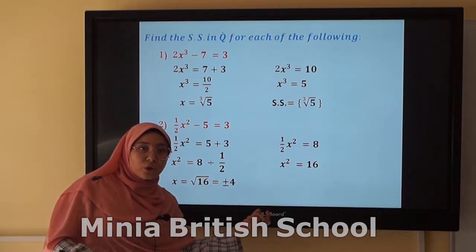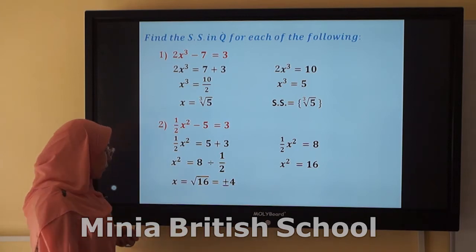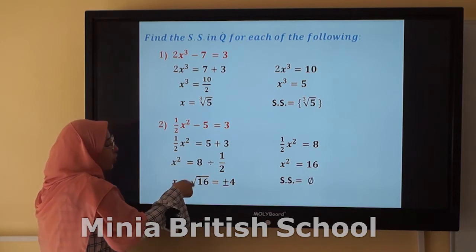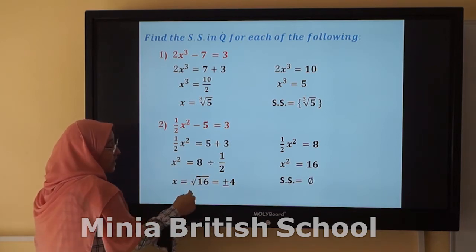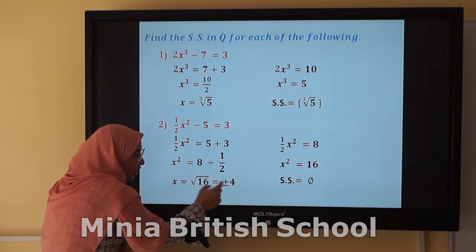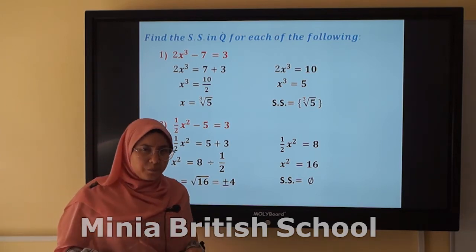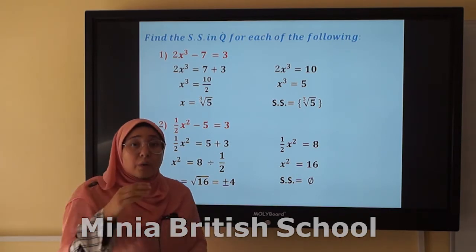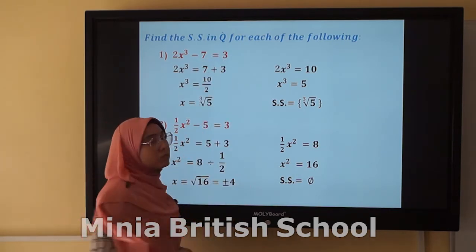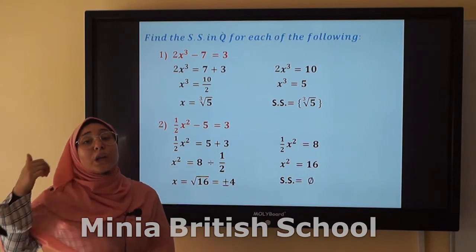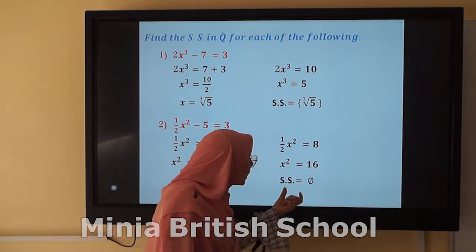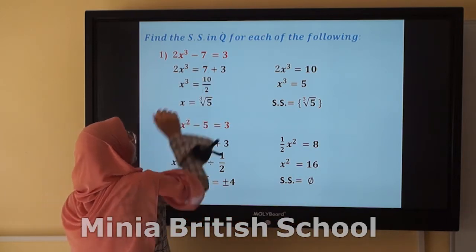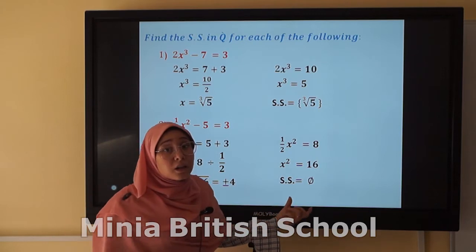Or you can write x equals positive or negative root 16, which equals positive or negative 4. Now, do 4 and negative 4 belong to Q dash? No, they belong to Q. So the solution set here is empty, because I find the solution set in Q dash.